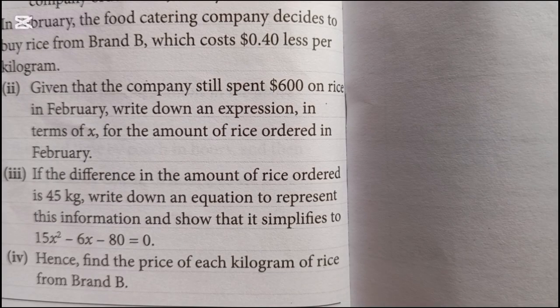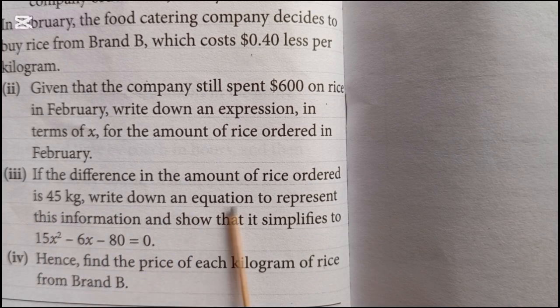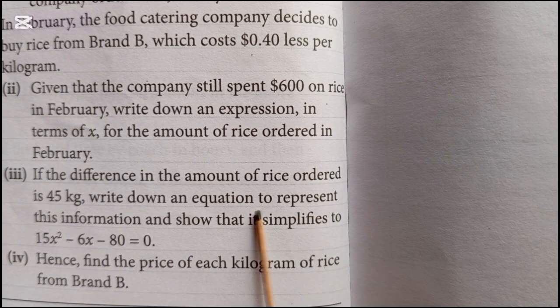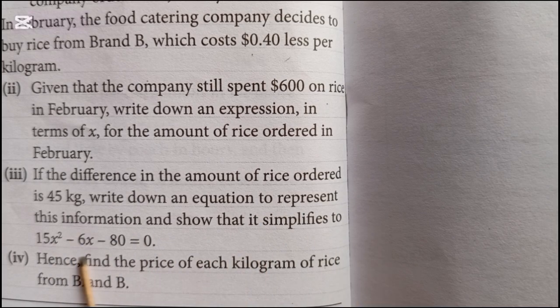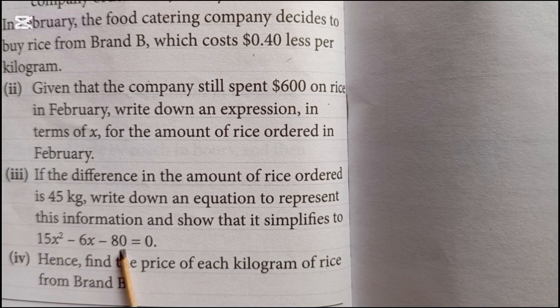Now, part 3. If the difference in the amount of rice ordered is 45 kg, write down an equation to represent this information and show that it simplifies to 15x square minus 6x minus 80 equal to 0.